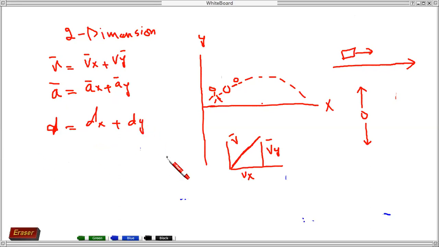If you want to find the magnitude of displacement, you need the square root of dx squared plus dy squared.